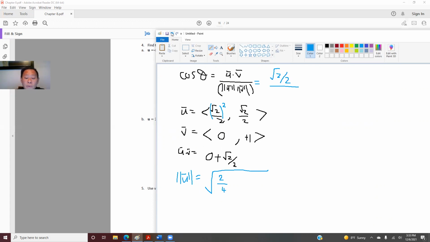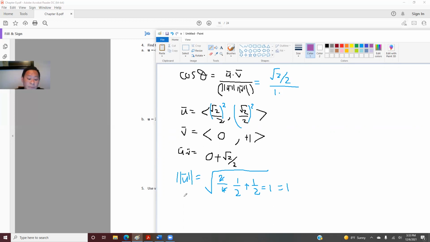And we know 2 over 4 can be reduced to 1/2. Plus, we square this, and guess what? Squaring this is also the same as squaring the first one, so it's 1/2. So half plus half is 1, and the square root of 1 is 1. So the absolute value of U in this case is 1.